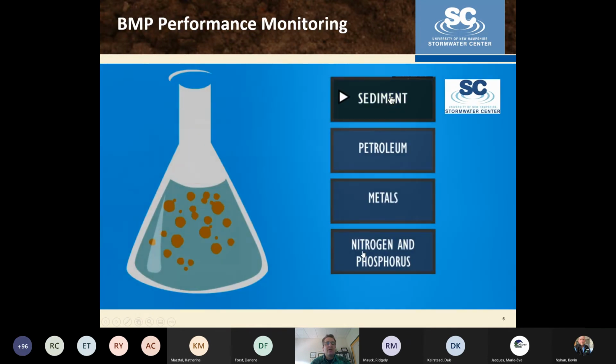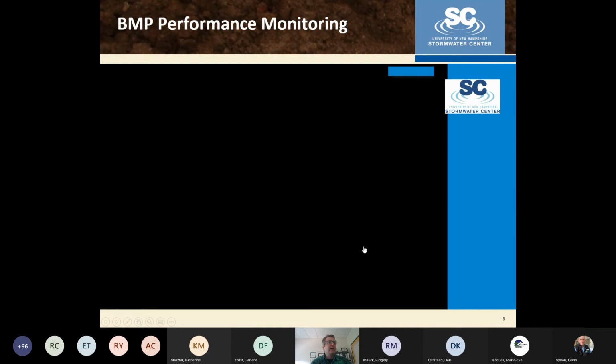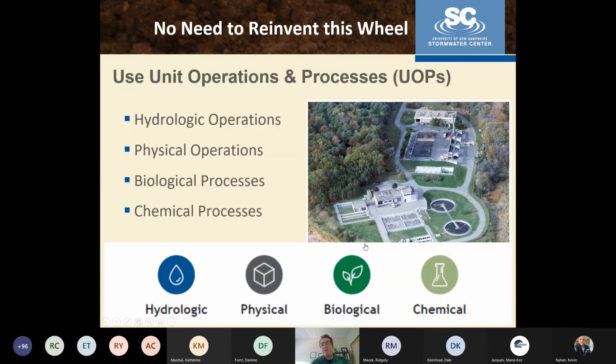And what do we look for? We look for the common stormwater pollutants: sediments, petroleum hydrocarbons, primarily in the form of diesel range organics or semi-volatile organics, and then nitrogen and phosphorus. So those nutrients really are what we are focusing on more and more these days.